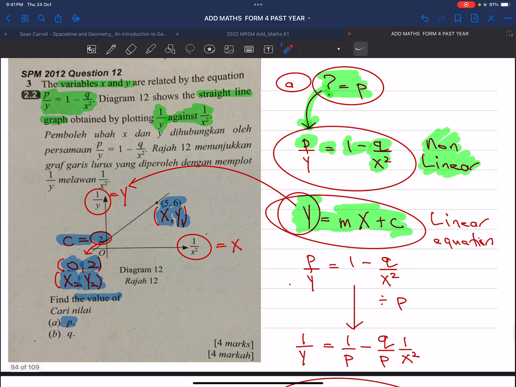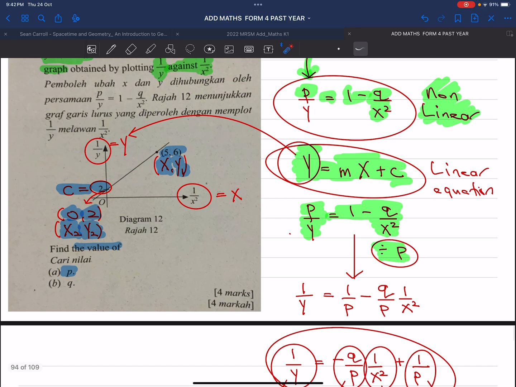Capital Y is 1 over y, but we have p over y, so I must divide each term by p so that p over y will become 1 over y.